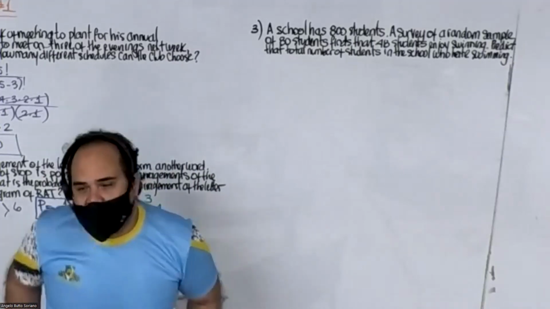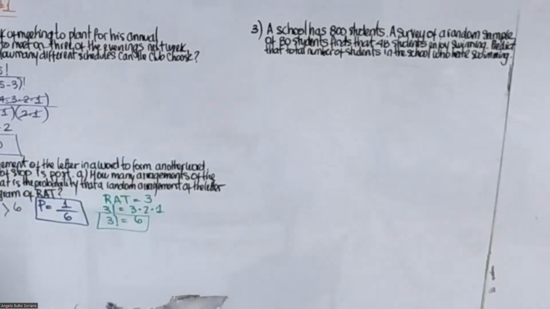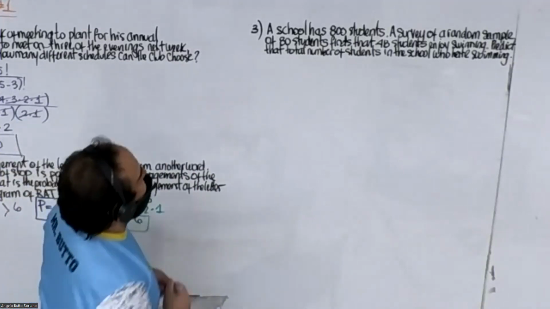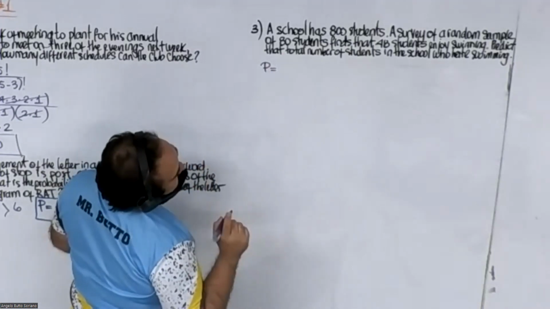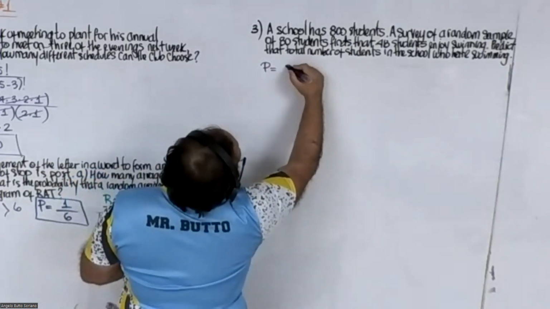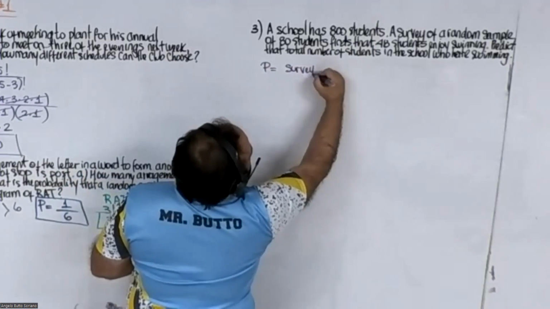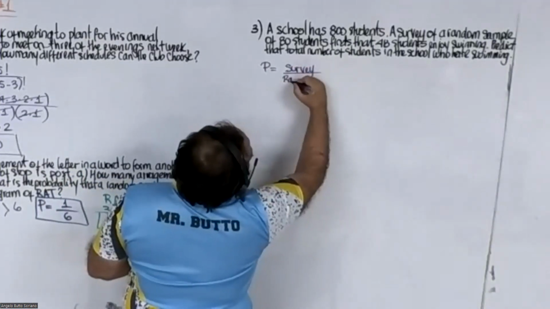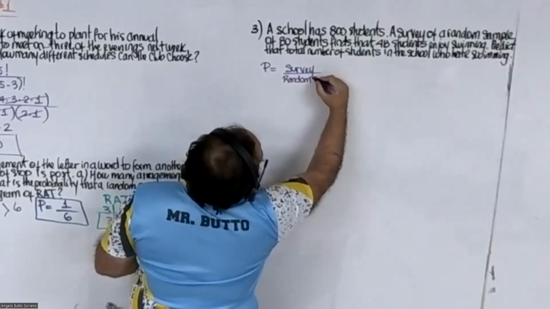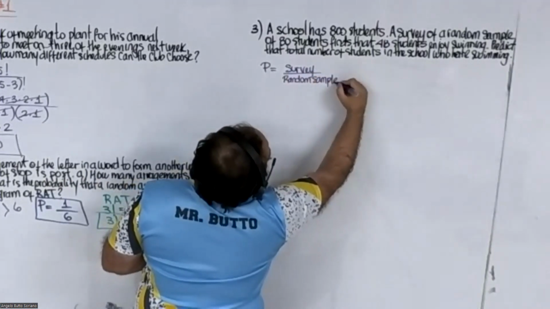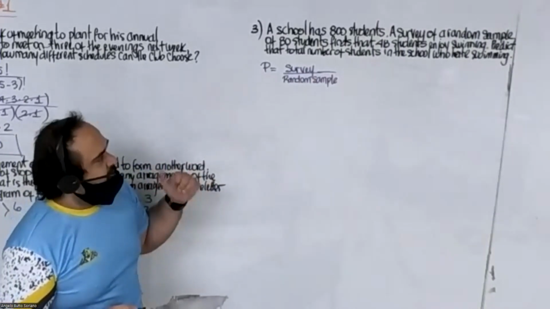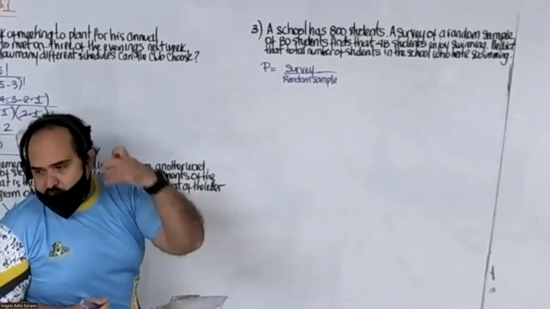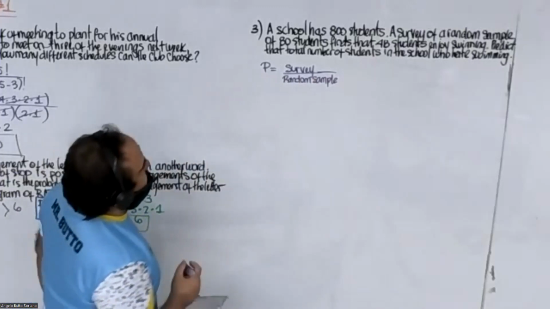We have a lot of ways to perform this situation. For example, at the moment I'm going to calculate the value of P. Remember, P will be the survey divided by the random sample, right? I'll do it this way because in this case they're asking for the quantity of people who hate swimming.